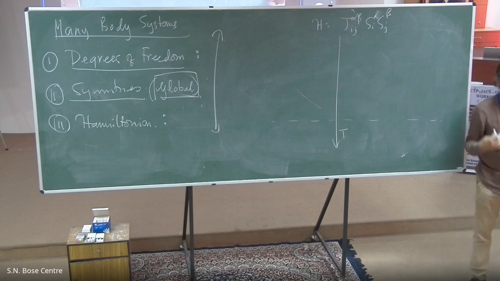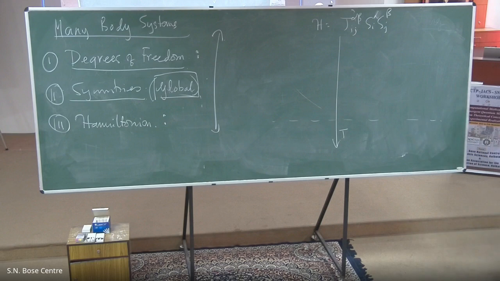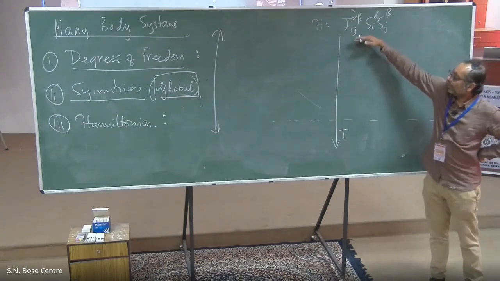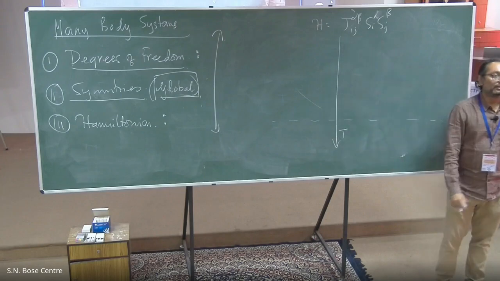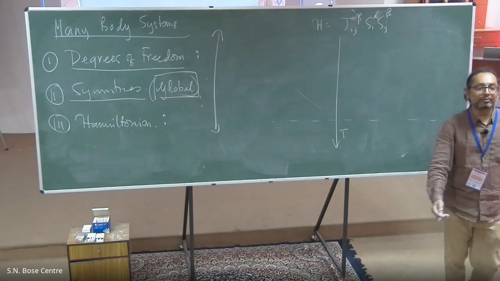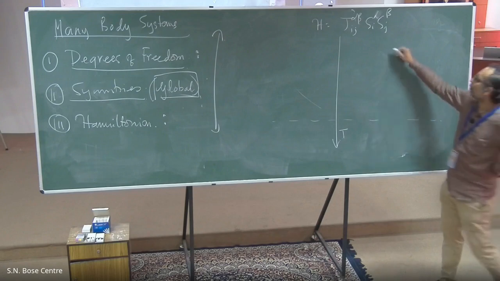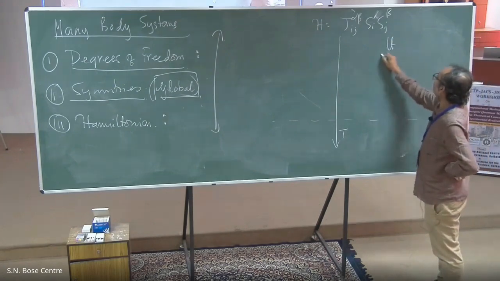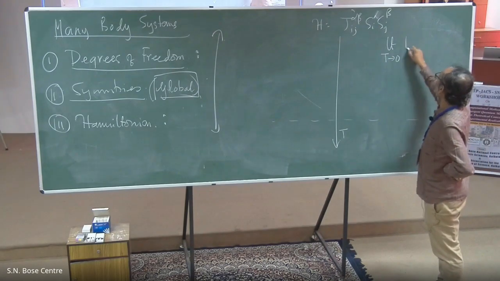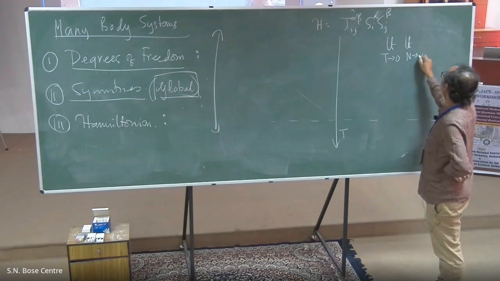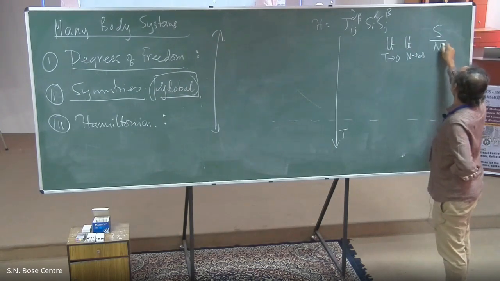The thing that they almost always have to do, as you cool down the system, according to the third law of thermodynamics, is release entropy. So the limit T going to 0, limit N going to infinity, of the entropy per site.